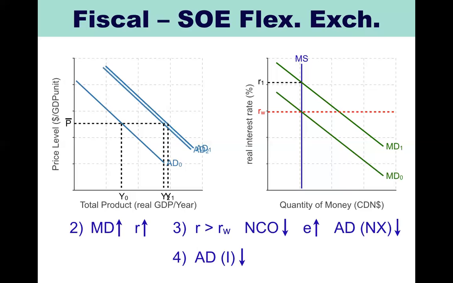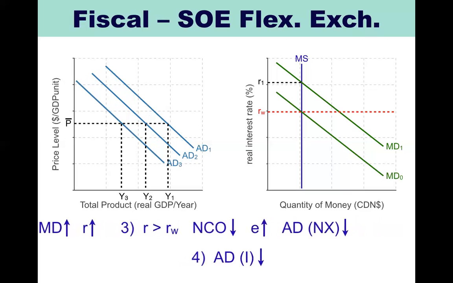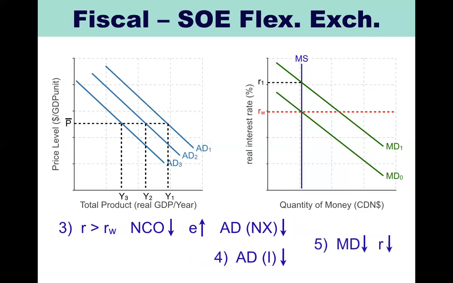We have crowding out of net exports and crowding out of investment. So notice that our new position in this case for the aggregate demand is back where we began.